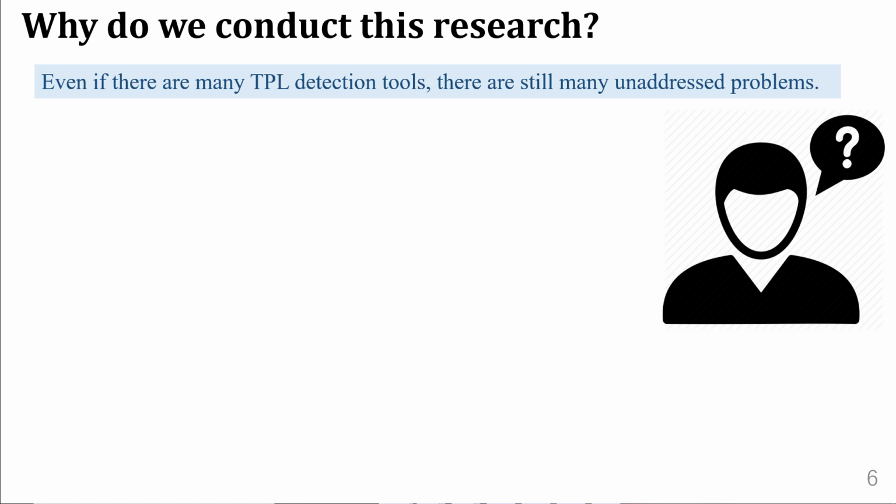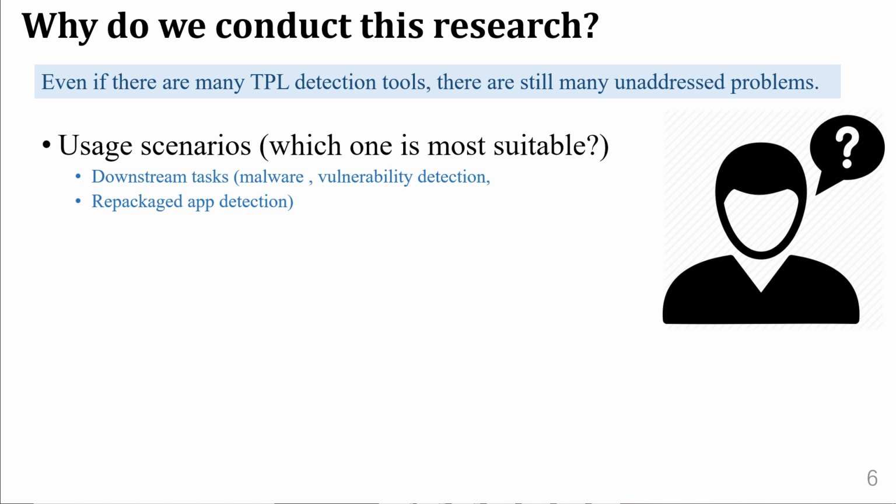That is why we conducted this research. Even though there are many TPL detection tools, many aspects are still unknown, and many research questions are unaddressed. For example, consider a specific usage scenario: we don't know which one is the most suitable choice, and we have no idea which one is the best.